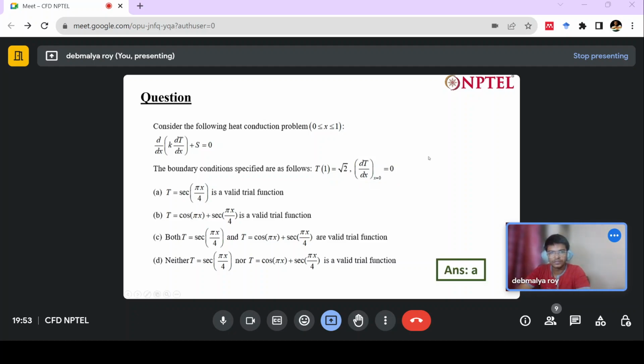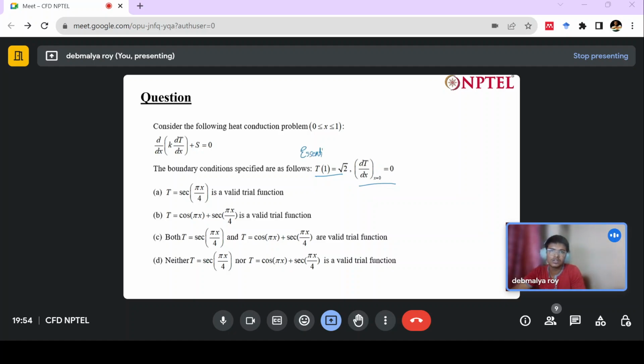So here we are asked to select a trial function. What is the condition for a trial function? Which might be a trial function or which cannot be a trial function? What do we have to check? We have to check the boundary condition, the essential one.